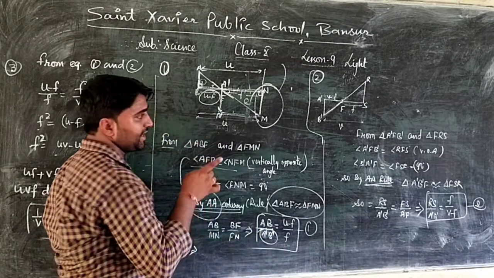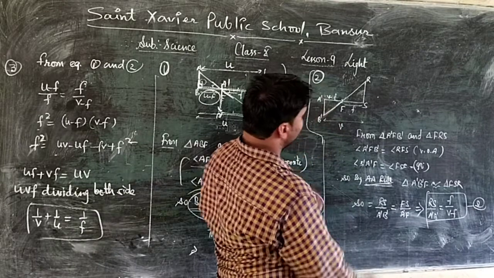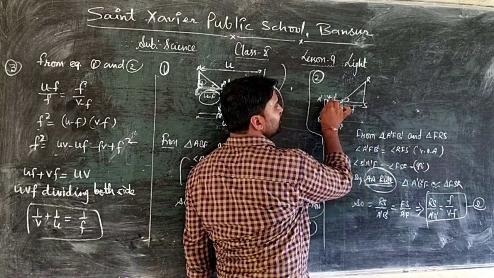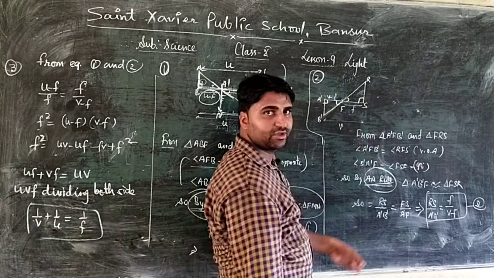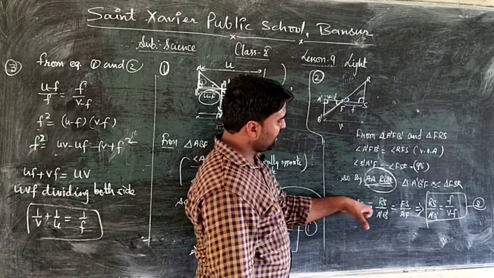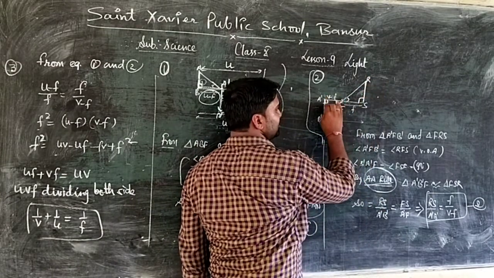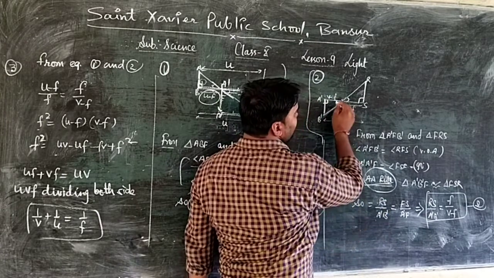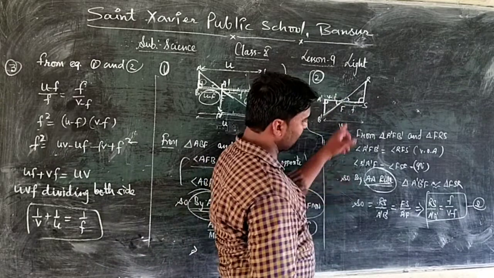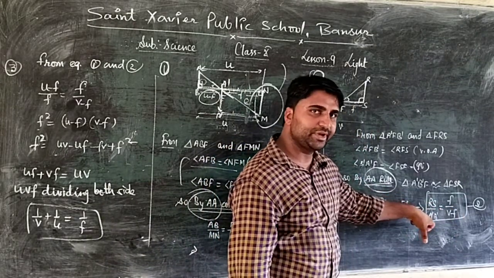Next, here you can see both triangles are similar, same double A rule we are using. This angle is equal. This is 90 and this is 90. Same thing we are using, the double A rule, both are similar. At that time I can write the same things, this side ratio this side. So F upon V minus F we are getting here, equals RS upon A dash B dash.